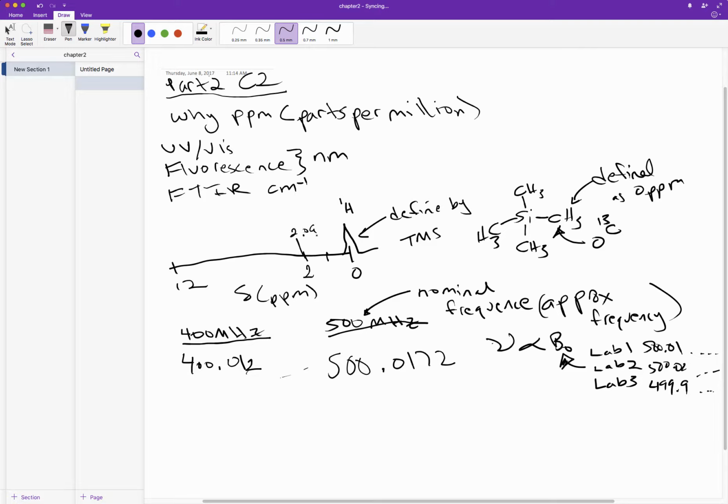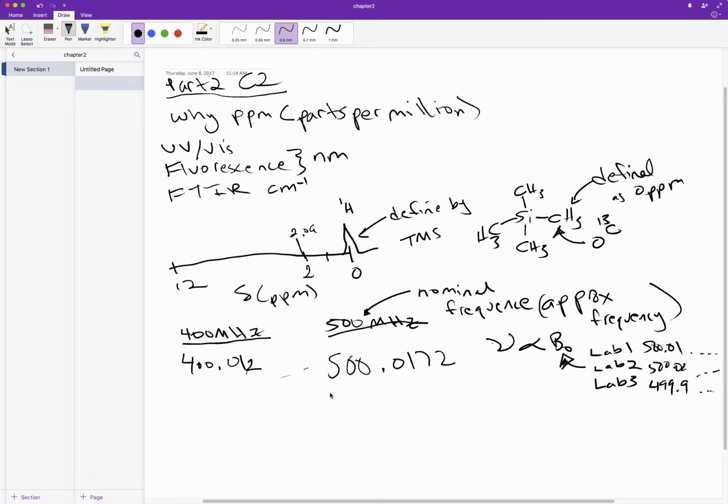Let's see a peak there. On this spectrometer, it's going to be in the 500 megahertz range, and on this spectrometer, that peak is going to be somewhere in the 400 megahertz range. So if every lab is reporting different frequencies, even among labs that have roughly the same magnetic field, they're all going to have a slightly different frequency.